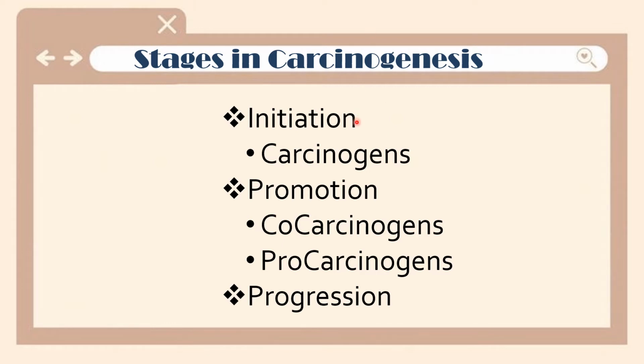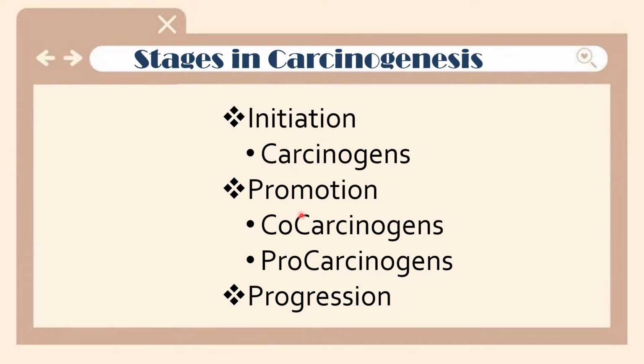Actually, the pathophysiology of cancer involves three processes. These are the initiation, the promotion, and progression. During initiation, the damage or mutation of DNA causes excessive cell division because we have excessive oncogene function but decreased suppressor gene function.